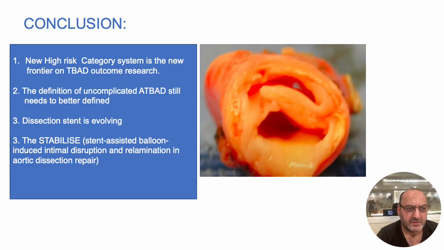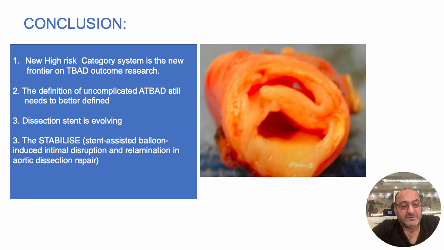In summary, the new high-risk features still need to be better defined. The definition of uncomplicated type B dissection also needs to be better defined. I think maybe better nomenclature would be symptomatic or asymptomatic, honestly, because type B dissection by definition is a complicated disease.